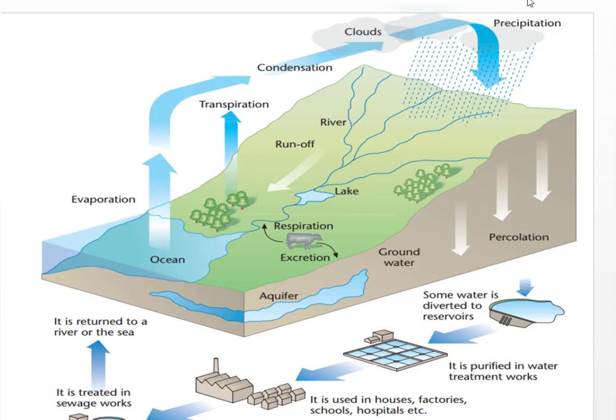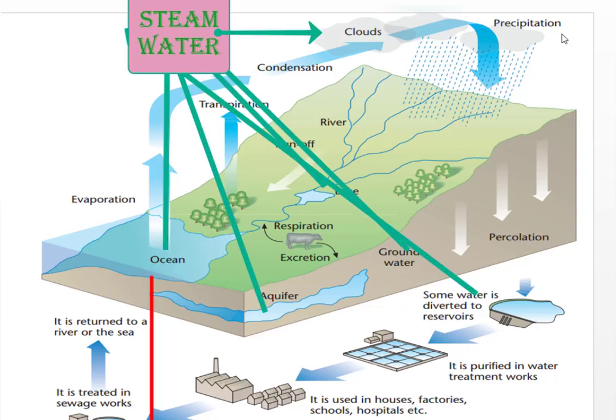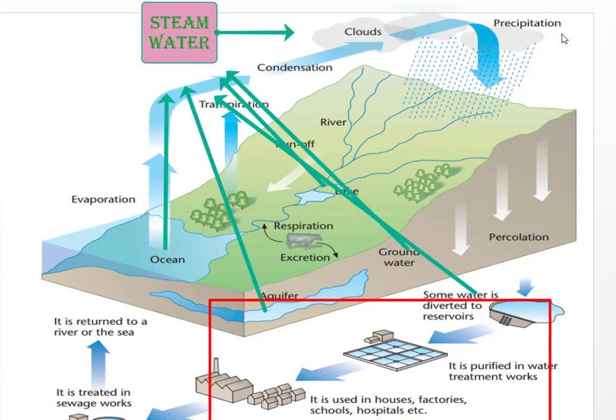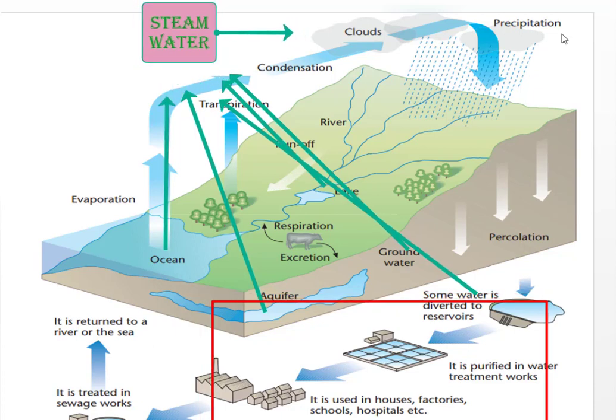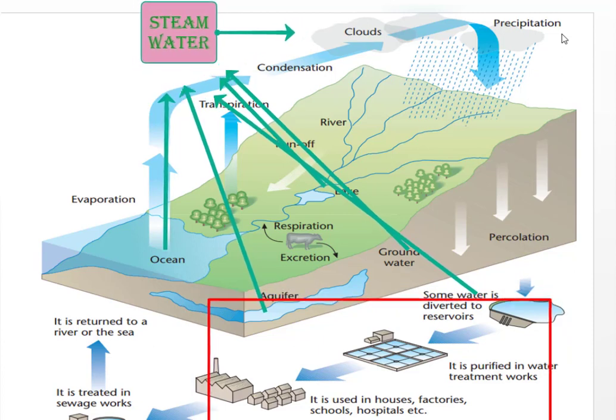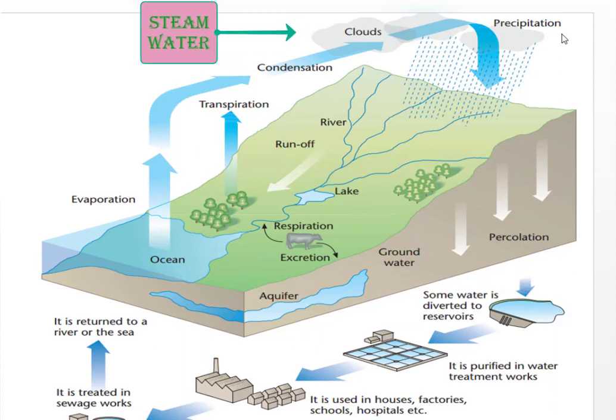When we see the water cycle diagrammatically, water must be evaporated from the groundwater, oceans, aquifers, and surface water like lakes, rivers, streams, and springs, and escape from plants through transpiration and from animals through respiration, changing to steam and going to the atmosphere.